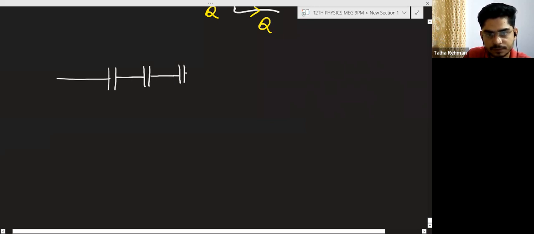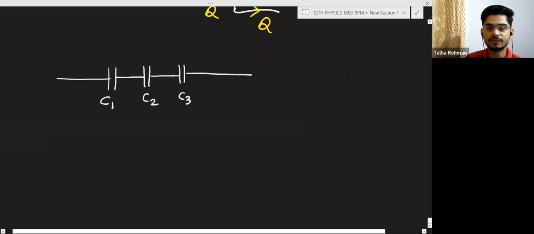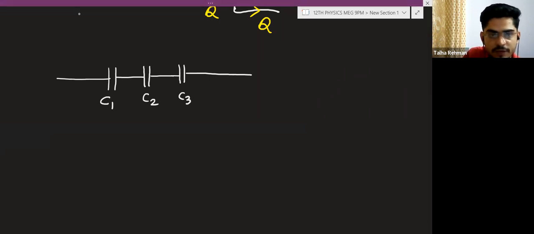So Hamza, I have told you this is a capacitor. Suppose this is C1, C2 and C3. This is a capacitor with capacitance C1. So here what will happen?